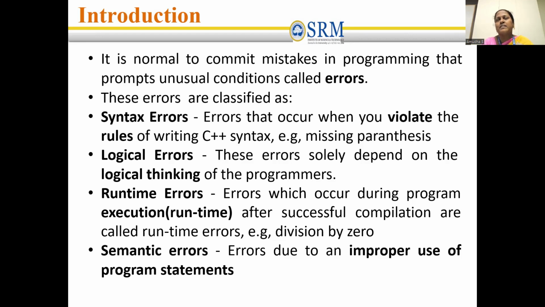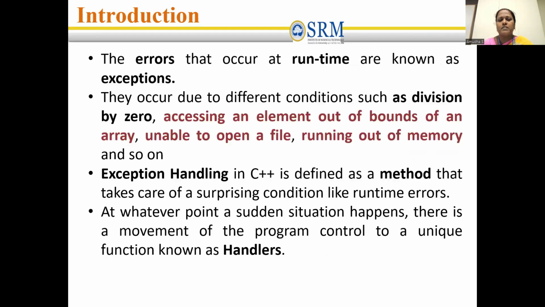If the numerator has a value and the denominator is 0, that is called an exception case. That error happens at runtime, because only at runtime are we getting the input. Then semantic error: this error is due to improper use of program statements. So these are the different errors that occur at compile time and runtime.